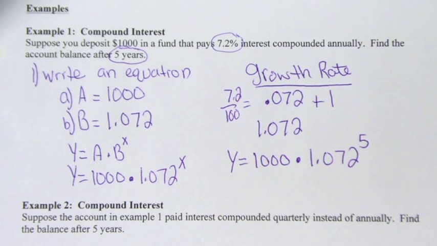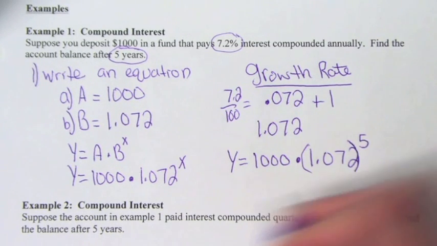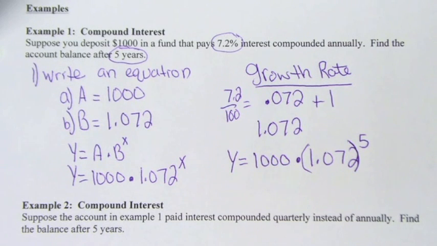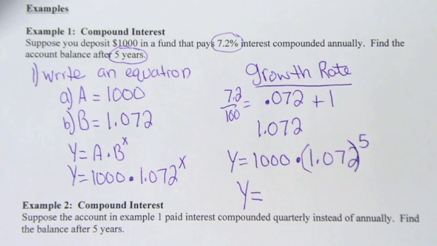If you do this all in your calculator, you've got to put parentheses around 1.072 in order for it to calculate correctly. So do 1,000 times parentheses 1.072 close parenthesis to the 5th. That gives 1415.708784. Round to the nearest hundredth because we're talking money.